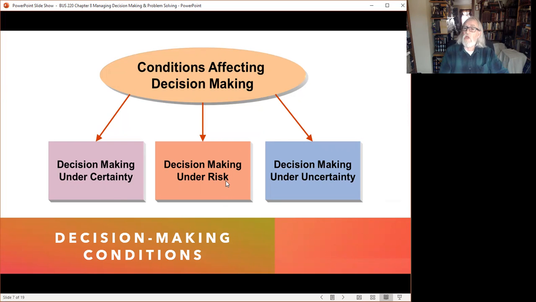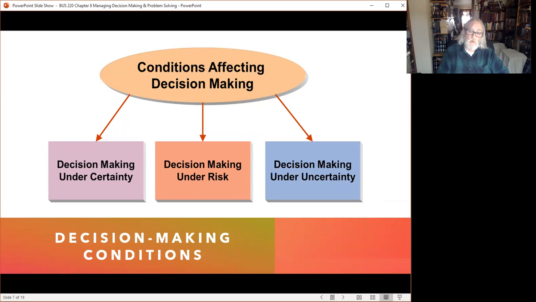Under risk, we are able to generate the list with a certain amount of assurance, and then we evaluate the risks for each alternative, some of which we may not be able to, with complete assurance, understand all the risks. Here, we do decision making under uncertainty. You do not know all the alternatives, and you also do not know all the risks associated with each.